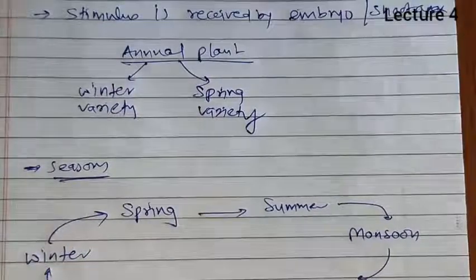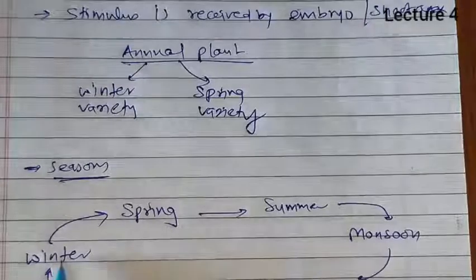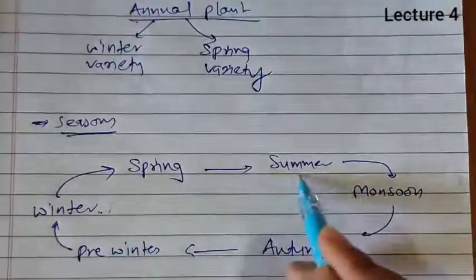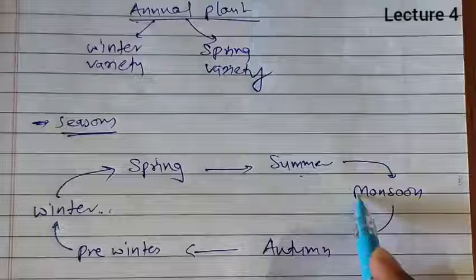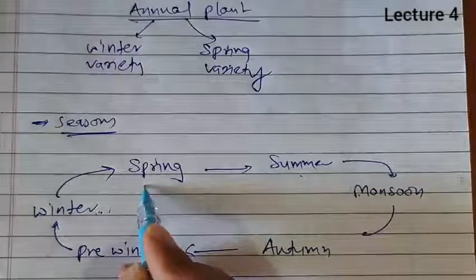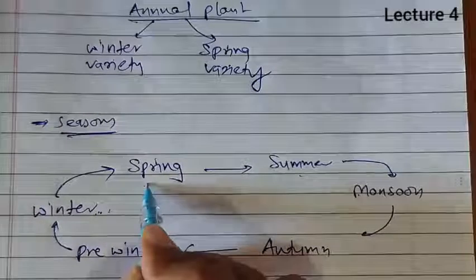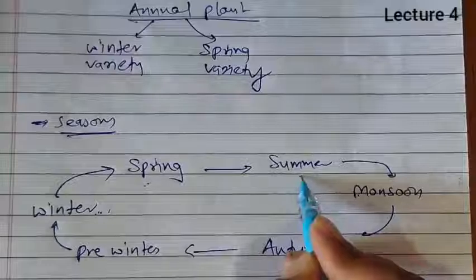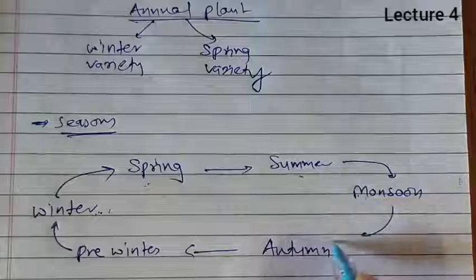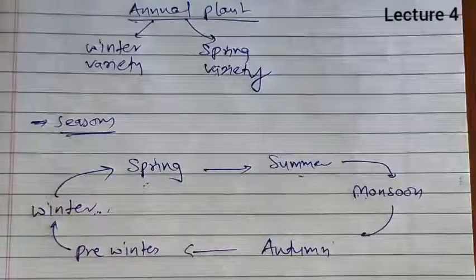So suppose there are two varieties, winter variety and spring variety. When the winter variety is sown in winter, it will flower near summer or monsoon and produce flowers happily. And the spring variety, if planted in the spring, will flower in the summer, set seeds and fruit, and be harvested during the monsoon or autumn. So this normally occurs with the winter variety and spring variety.